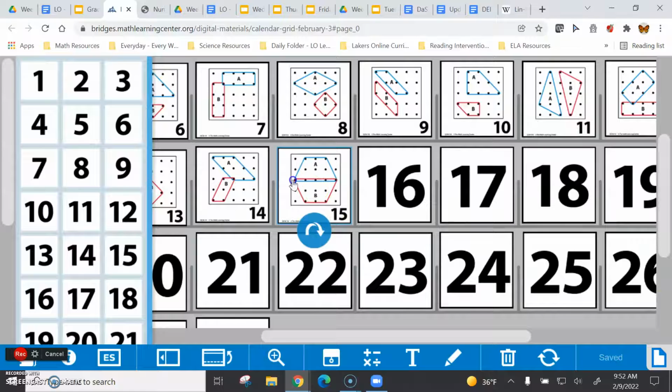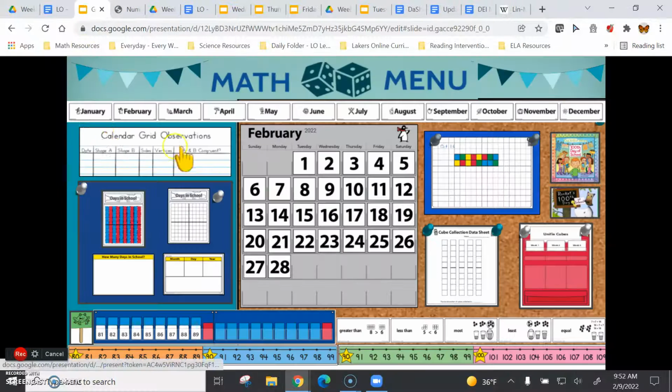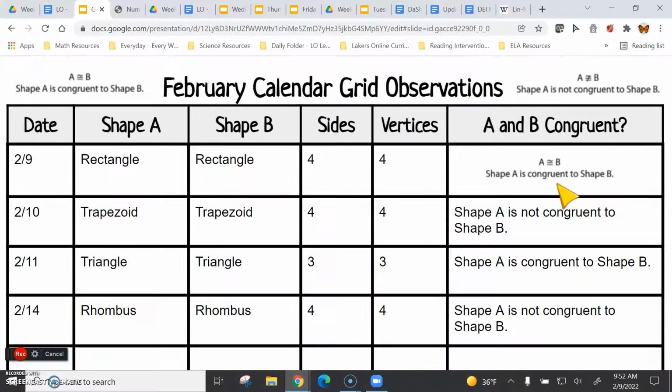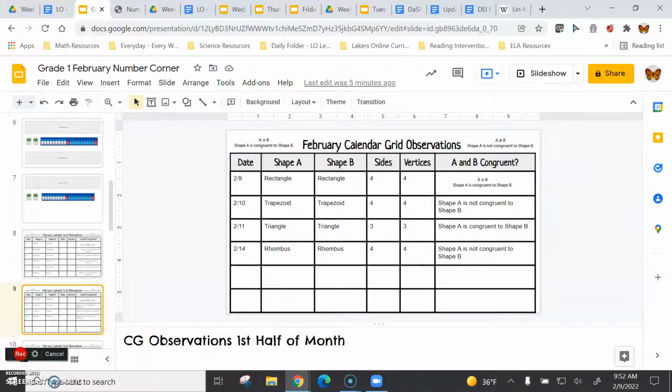Let's count the sides we have. 1, 2, 3, 4 sides, and 1, 2, 3, 4 vertices. That's going to help us as we put this information on our grid for the day.